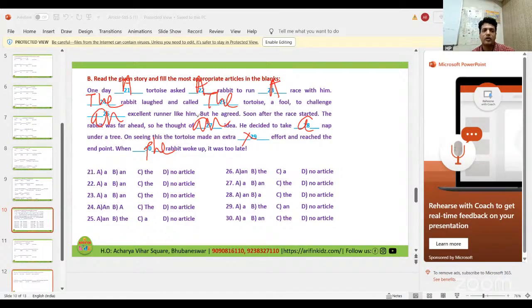On seeing this, the tortoise made an extra effort, right? It does not require any article there. It's just extra effort, and reached the end point. When the rabbit woke up, it was too late, right?